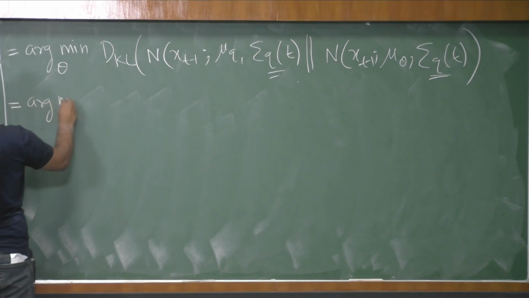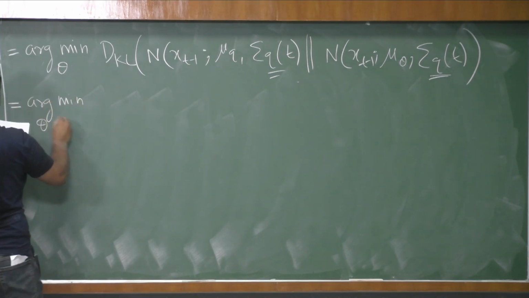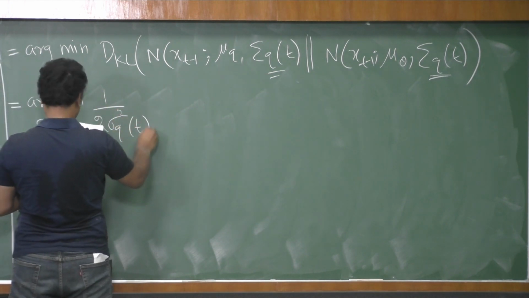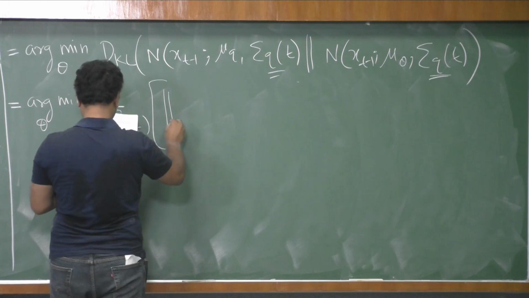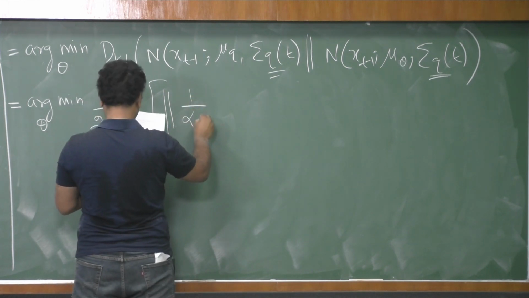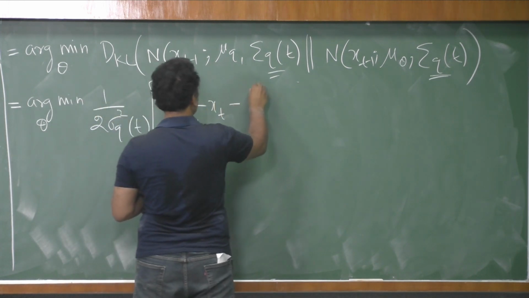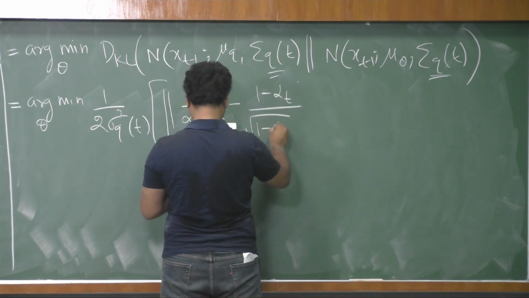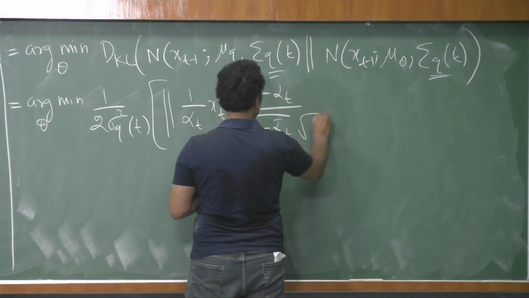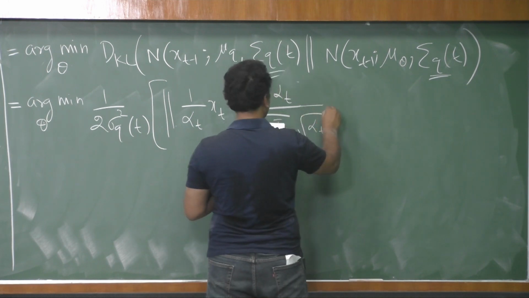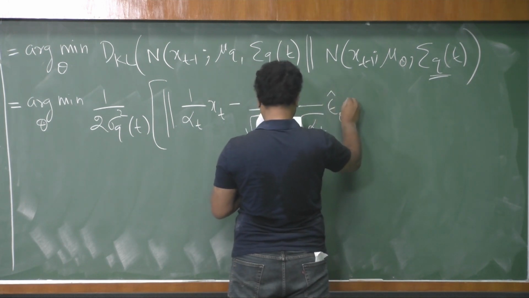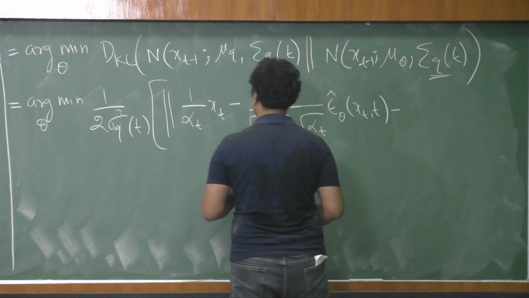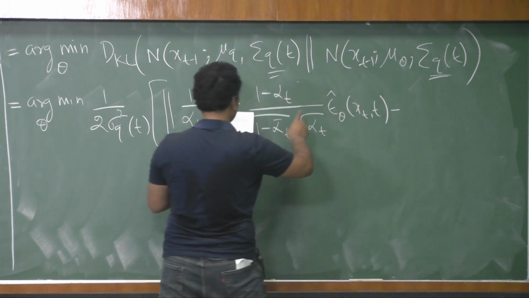So arg min over theta of 1 by 2 sigma q square, and this is the norm of 1 by square root of alpha t xt minus (1 minus alpha t) over square root of 1 minus alpha bar t, square root of alpha t, epsilon hat theta of xt, t, and then minus the mu q term, right?